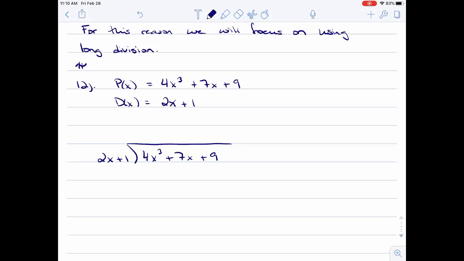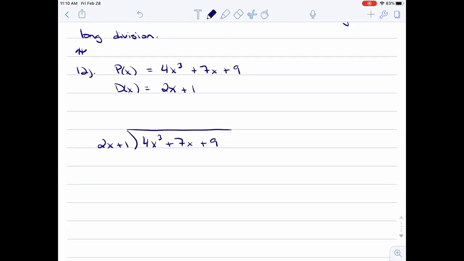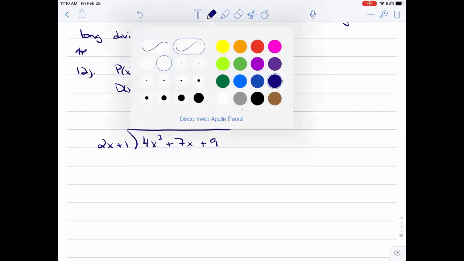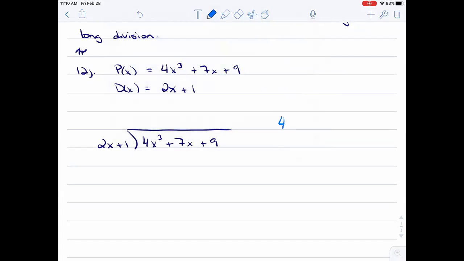So 4x to the power of 3 divided by 2x. If we do it on the side here, 4x to the power of 3 divided by 2x is going to be 2x to the power of 2.